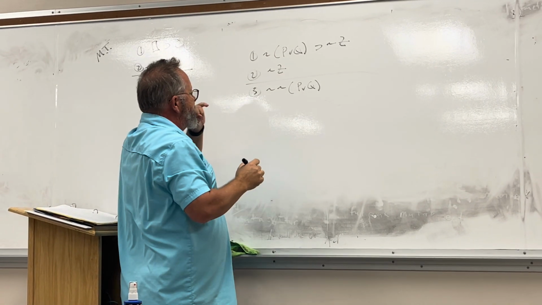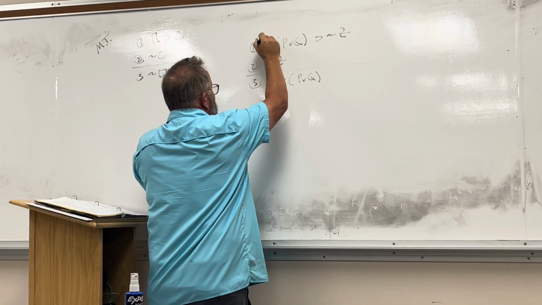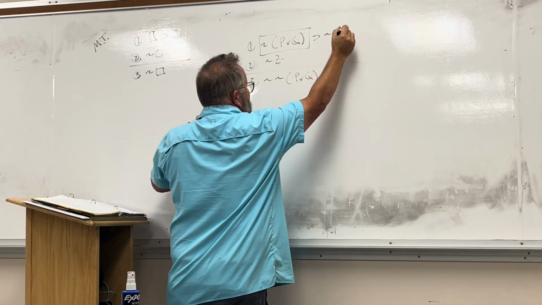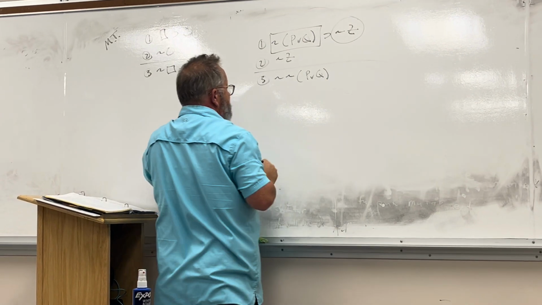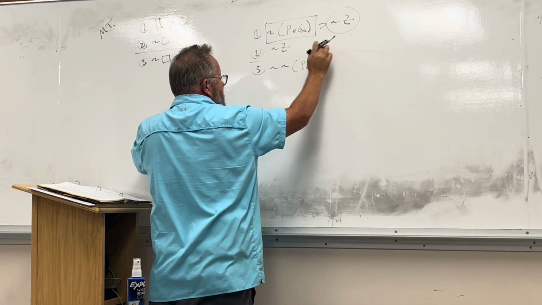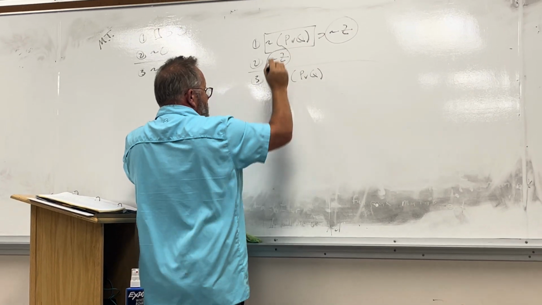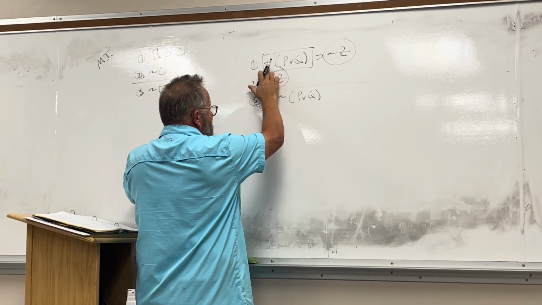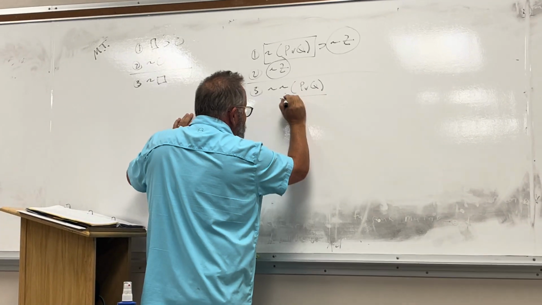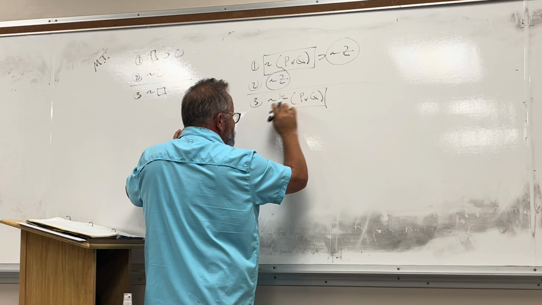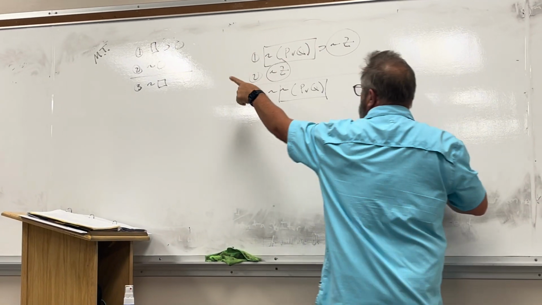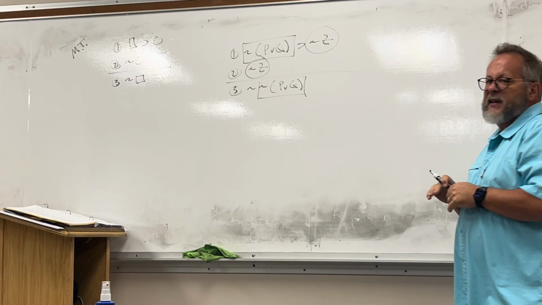The first line's a conditional. That much is great. Let's call everything in front of the horseshoe box. Everything behind the horseshoe is circle. Wherever I see not Z, that's a circle. And wherever I see not P or Q, that's a box. And I see a not P or Q right there, so this is a box and it has a negation outside, okay? Is this a substitution instance of that?